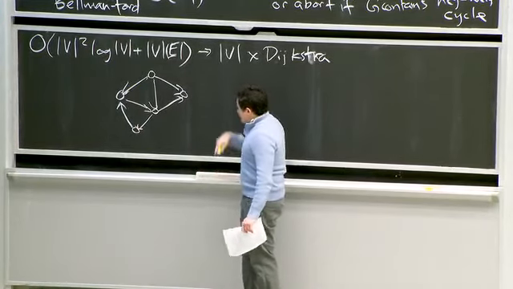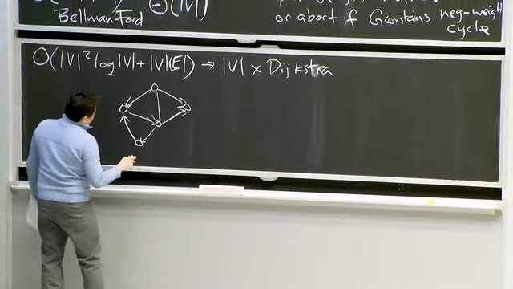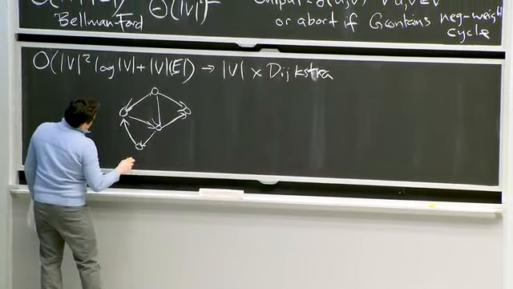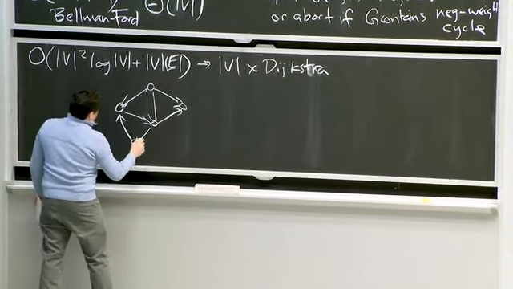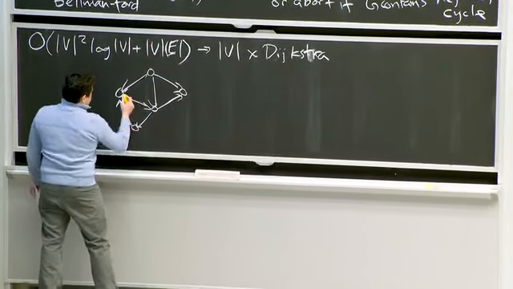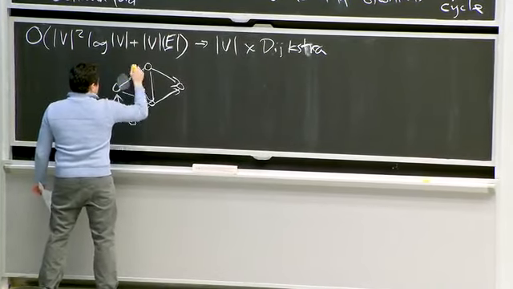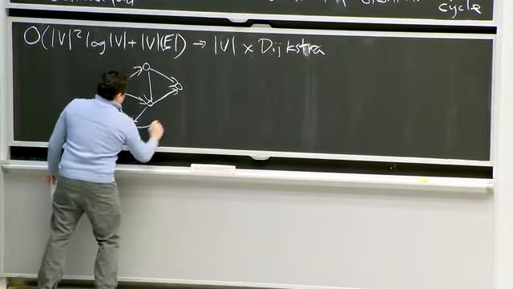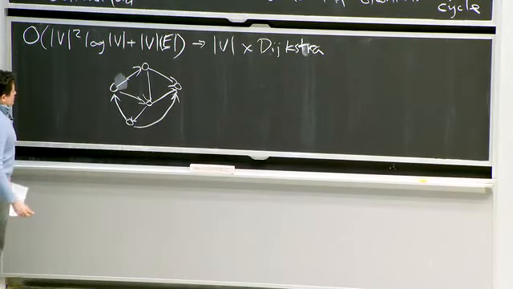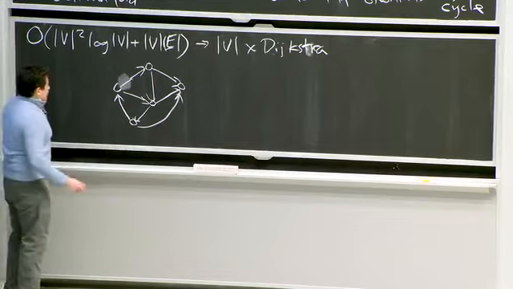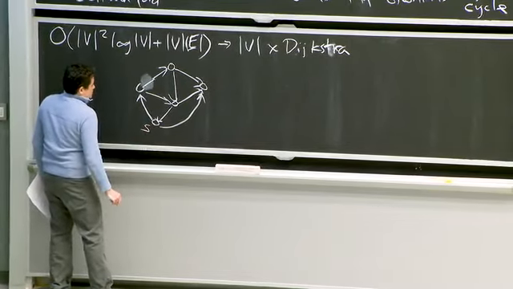Okay, so here's a graph. Sure. Say we have a directed graph like this, and let's say this is S. This is our source.